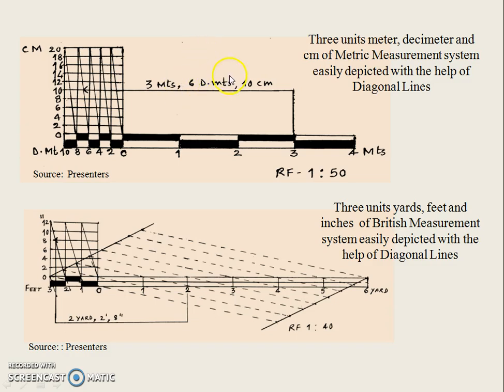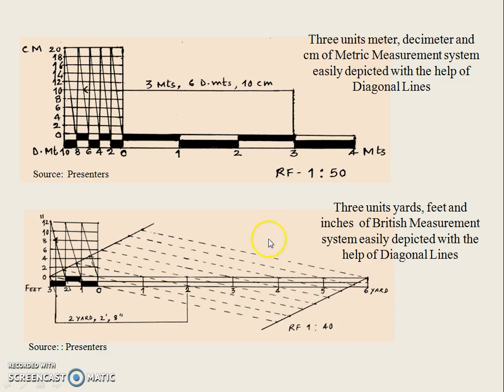Here are two examples of diagonal scale. 3 units of metric system, meters, decimeters, and centimeters, have been conveniently depicted with the help of diagonals. One can read easily 3 meters, 6 decimeters, and 10 centimeter distance as shown in the diagram.